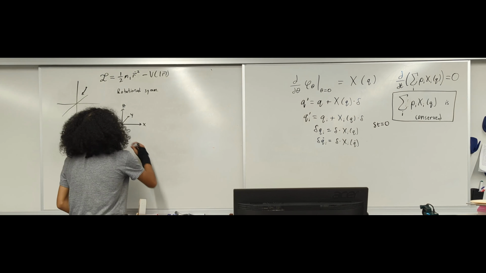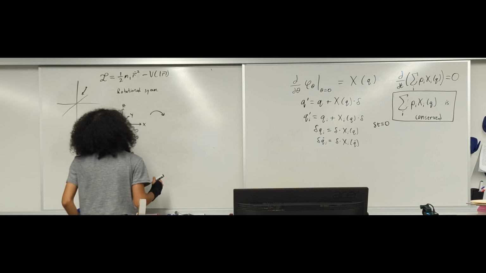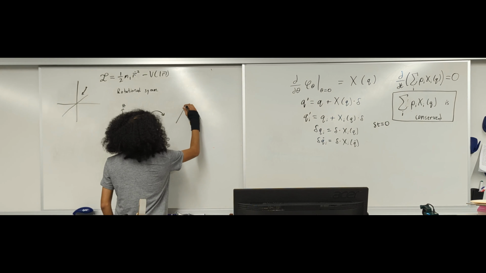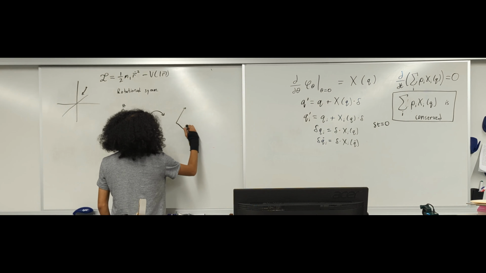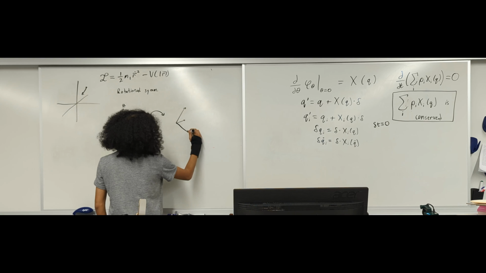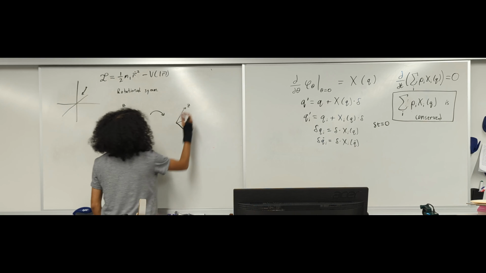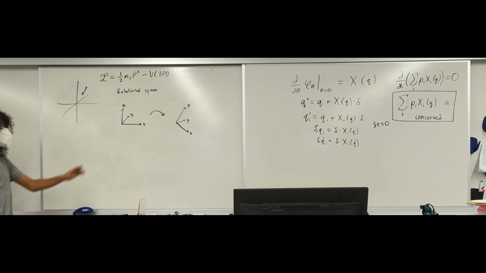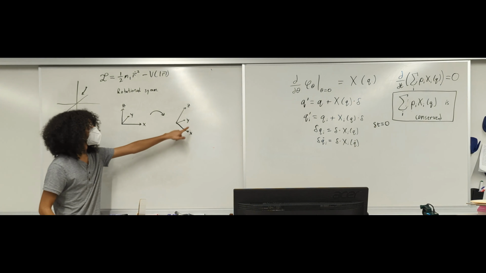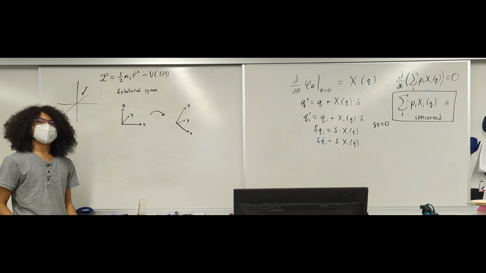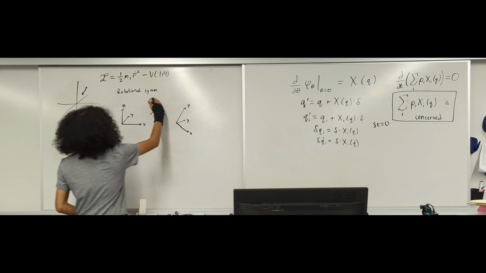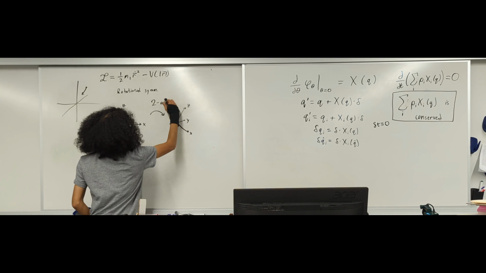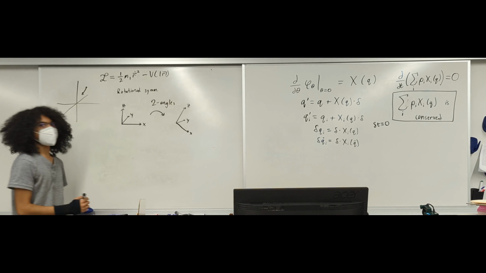So you could do some rotation and get it to look like that. But there's still something to be determined, and that's where the x and y go. So from here we used two angles, which were theta and phi.